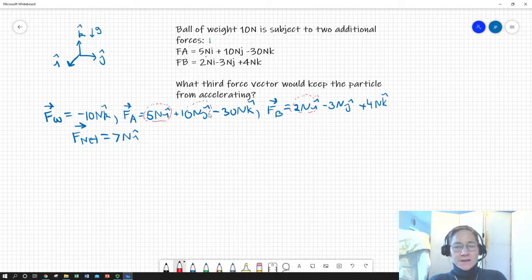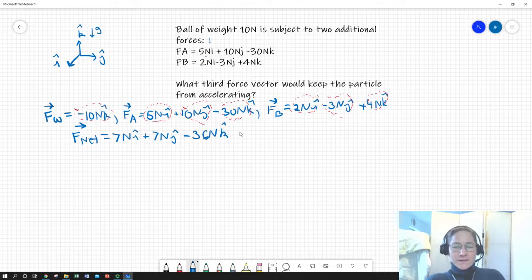I have positive 10 minus 3 in the J hat, so that is again a total of positive 7 newtons J hat. And for K hat, I have negative 10, negative 30, so that gives me negative 40, plus 4 is negative 36 newtons K hat.